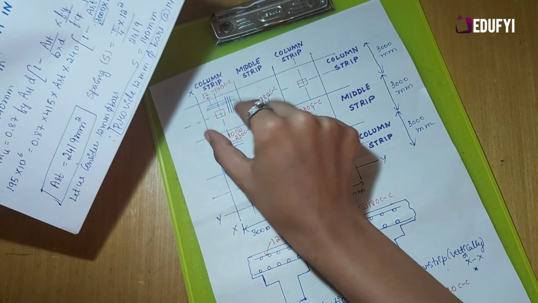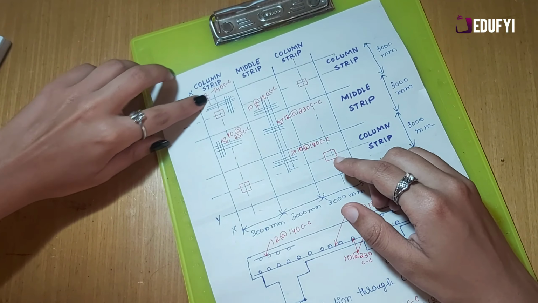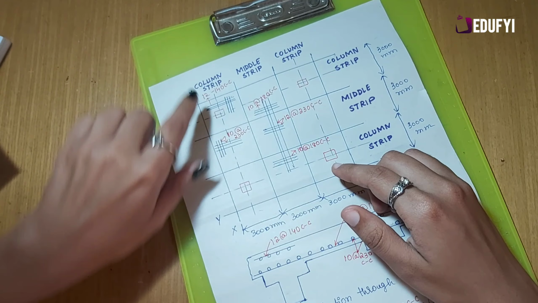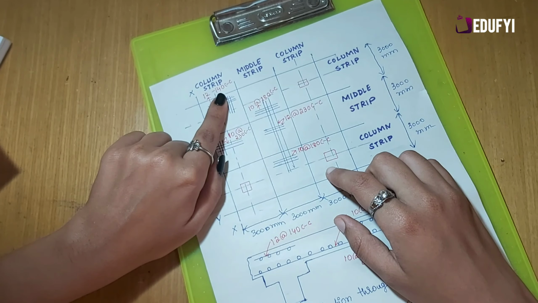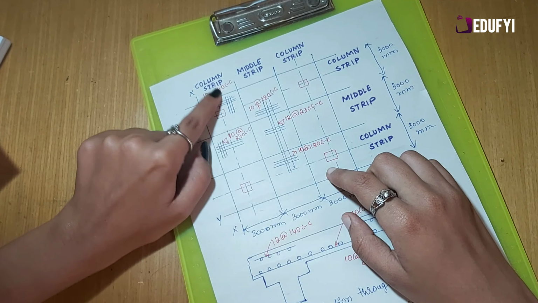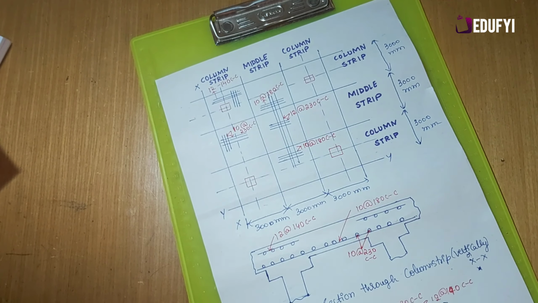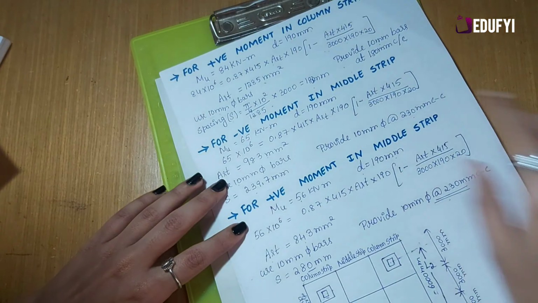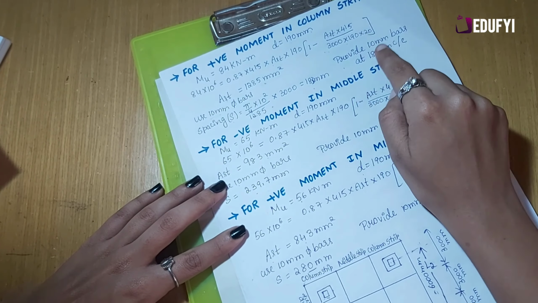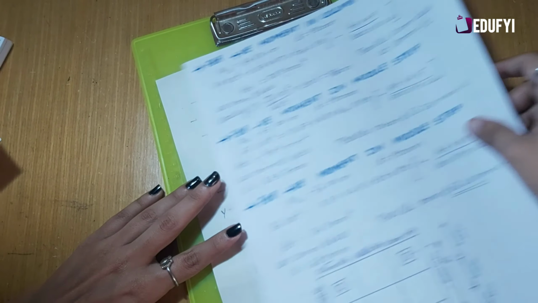So for column strip, negative moment will be provided here, that is 12 at 140 center to center, right? Next moment that we have calculated is positive moment in column strip, that is 10 at 180.